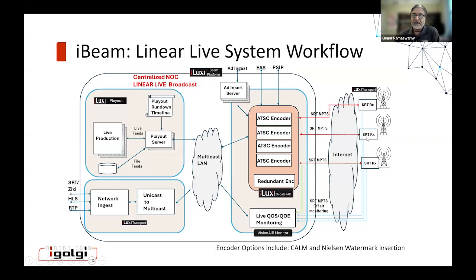The other interesting aspect of this is you can return feed the off-air channel. In fact, we have an SRT receiver box that has got an RF card built in that can also receive the channel that you just put on air, and it can be SRT'd back to the monitoring at a centralized site.